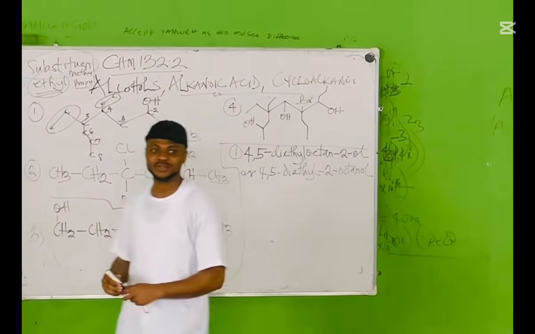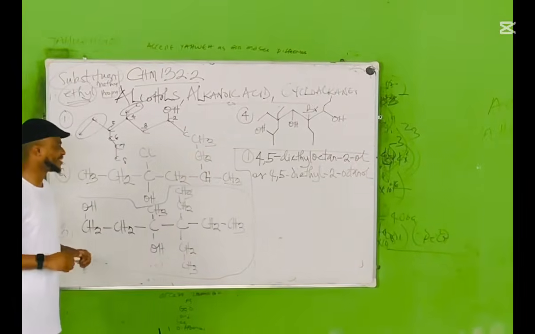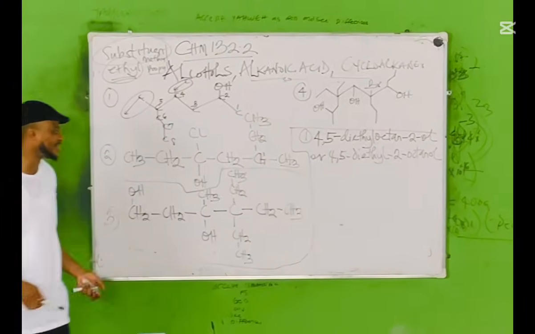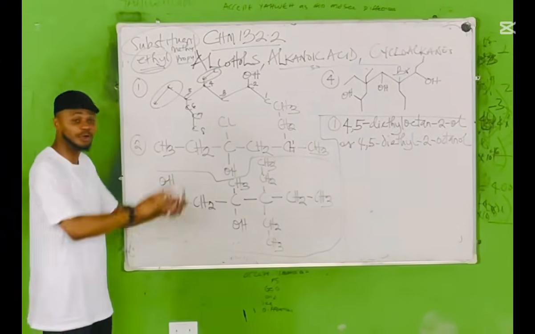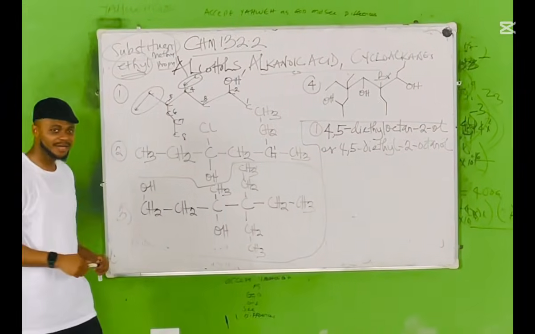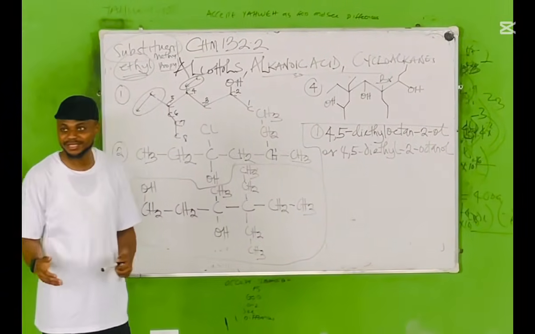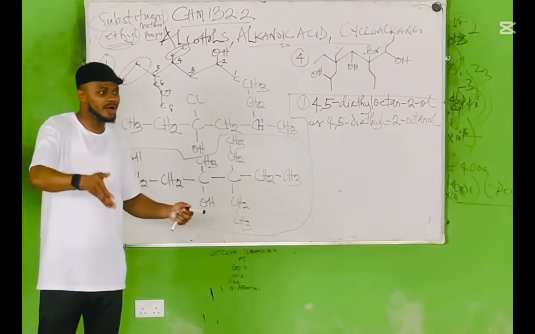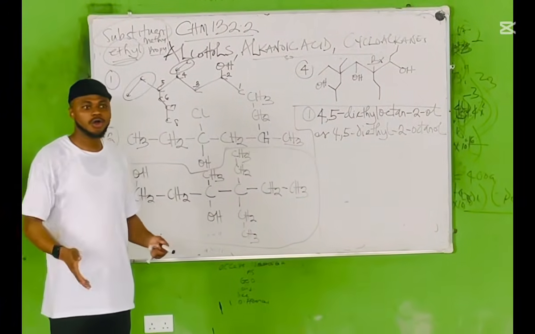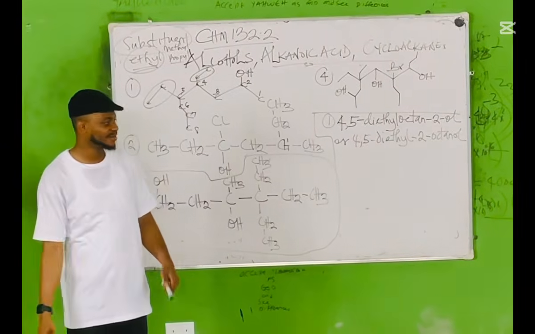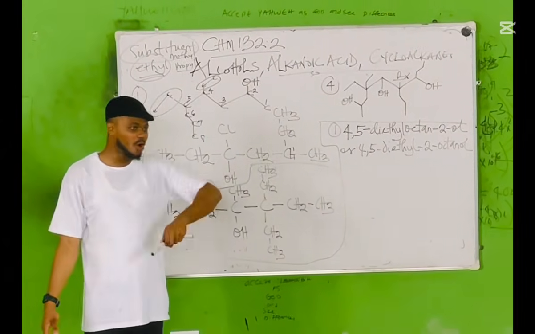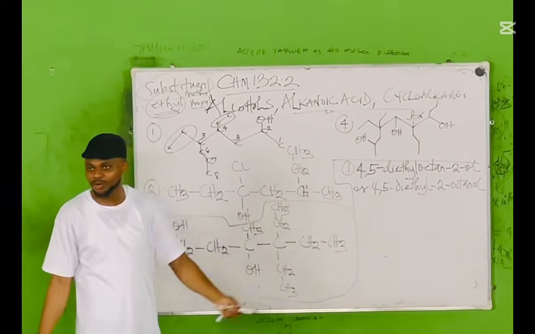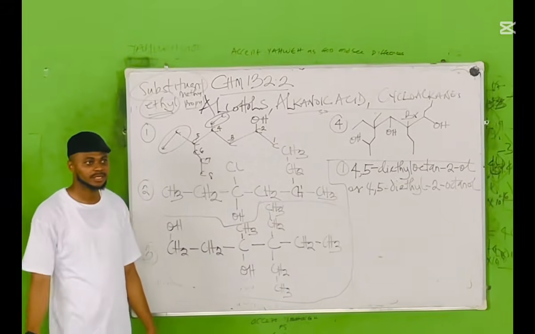Which do you prefer, first or second? Some people say first, some people say second. Alright, but both of them are correct. Okay? Just like for our alkenes, when we have 2-octene or oct-2-ene, alright, octan-2-ol or 2-octanol, both of them are correct.